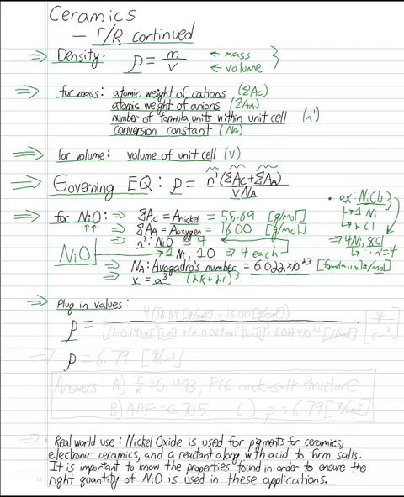The density then is equal to the number of formula units within the unit cell, 4, multiplied by the atomic weight of the cation, 58.69 grams per mole. And we're going to add to that the atomic weight of the anion, 16.00 grams per mole.